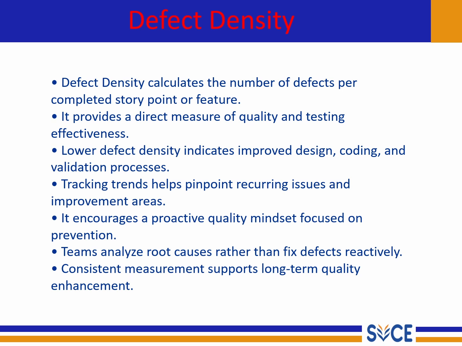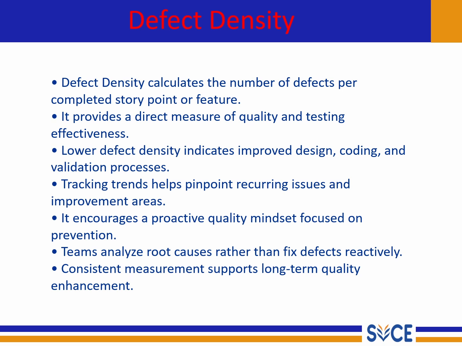By tracking the defect density over time, teams can notice patterns like which modules or sprints tend to have more issues. So this helps pinpoint recurring problems instead of fixing them temporarily.